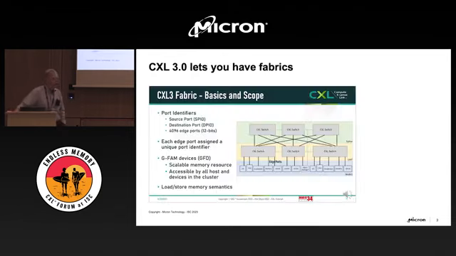Back in August, when the CXL 3 specification was rolled out, I was part of the group at Hot Chips that did a tutorial on CXL. The area I was assigned was the CXL 3 fabric space, which was brand new at that time. What's interesting about it is that you can have up to 4096 ports on these fabrics.